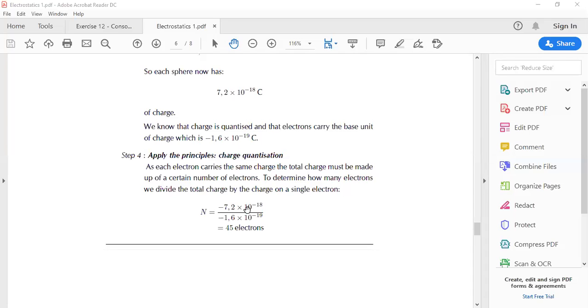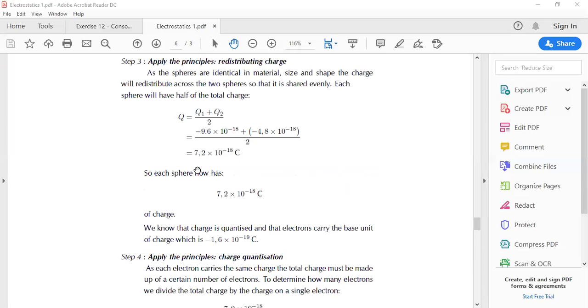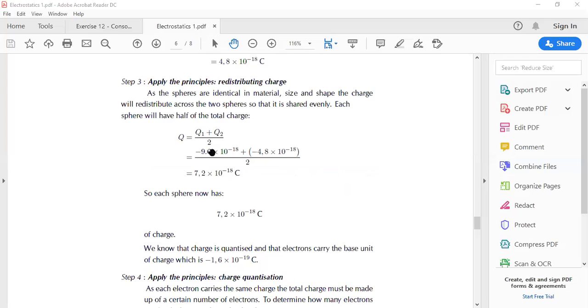So that 45 electrons, is it the total electrons between both of the spheres? No. Remember, when they were sharing electrons, this one originally was negative 9,6 times 10 to the power negative 18, right? Then the other one was negative 4,8 times 10 to the power negative 18. So they had different charges.